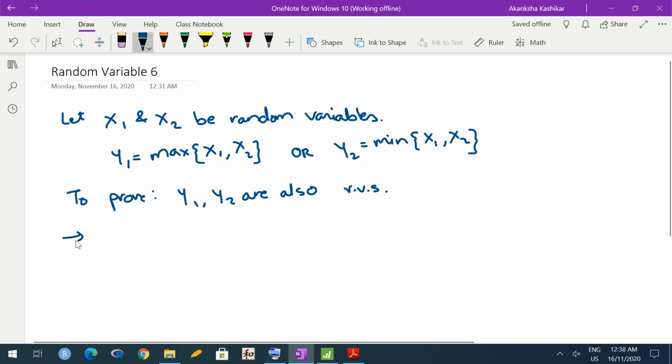What is our definition of random variable? We say that a function is a random variable if the inverse image of every Borel set under that function belongs to the original sigma field.